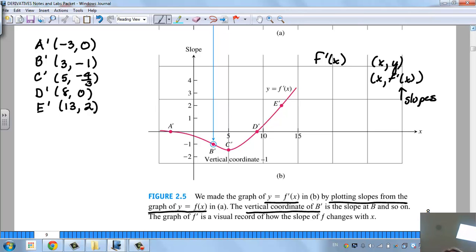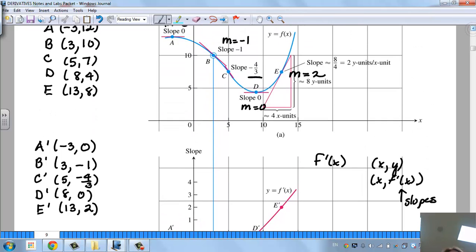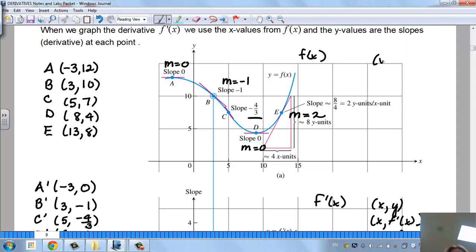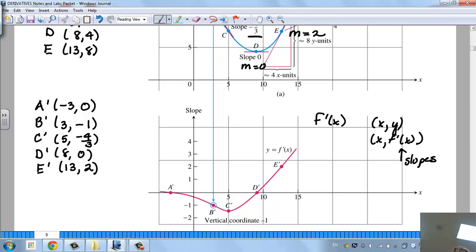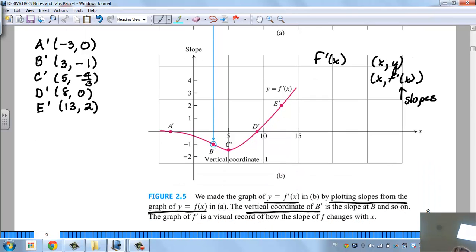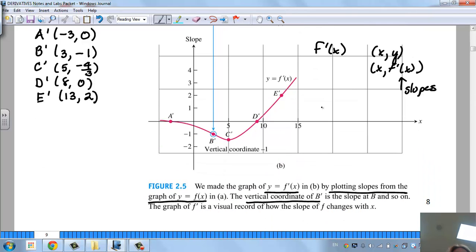Okay, and up here we just had the regular old points (x, f of x), or (x, y)'s, if you will. So basically by doing that you can graph another whole function. Okay, so let's write that again so we make sure we get it.